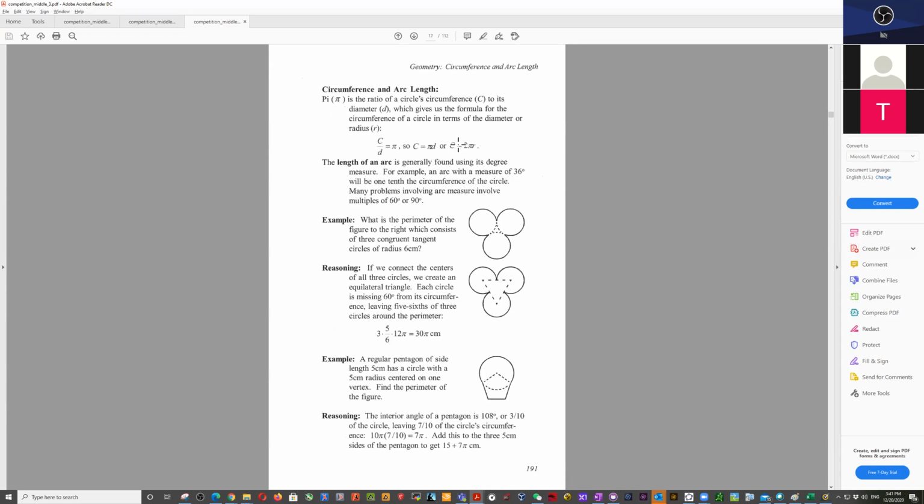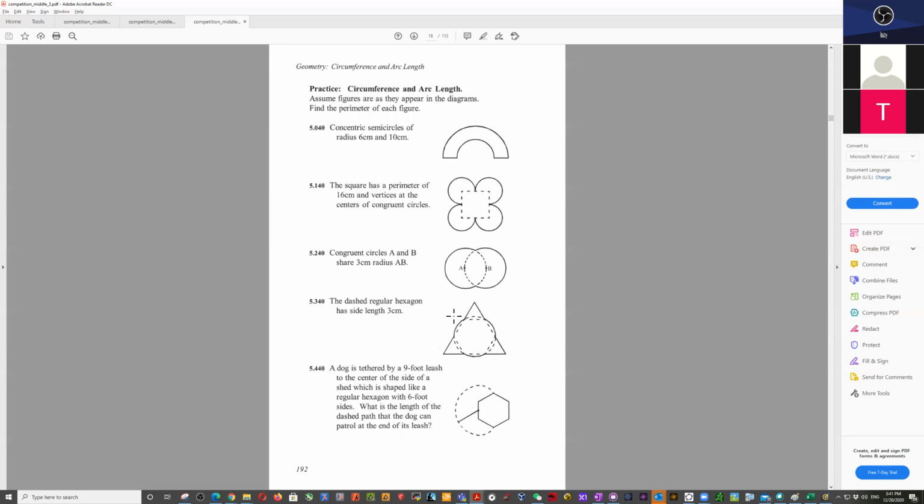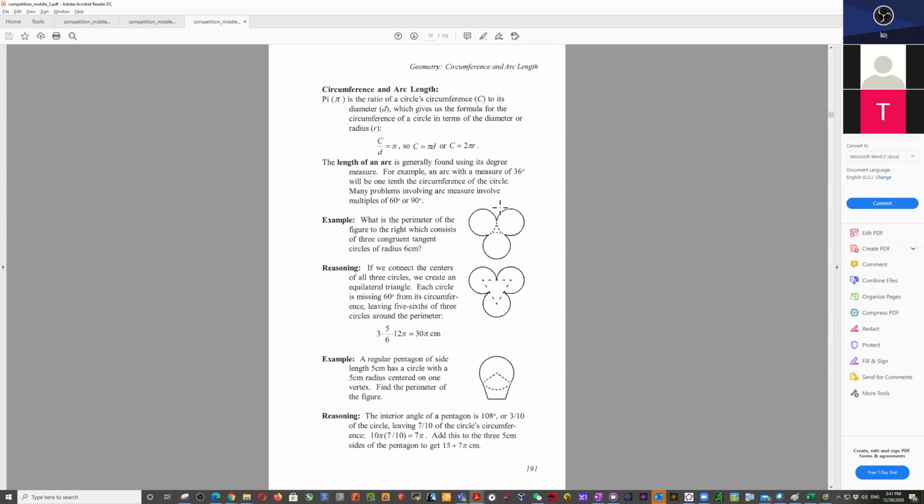That's very obvious. Then to calculate the arc length, we will just use the angle and do the proportion work. For example, a half circle, the radian measure is pi, so it will be 1/2 of the circumference.